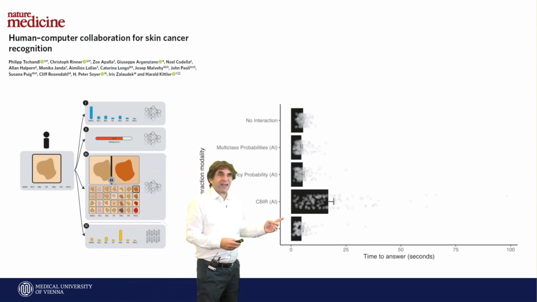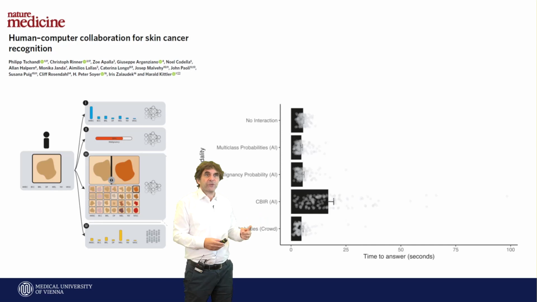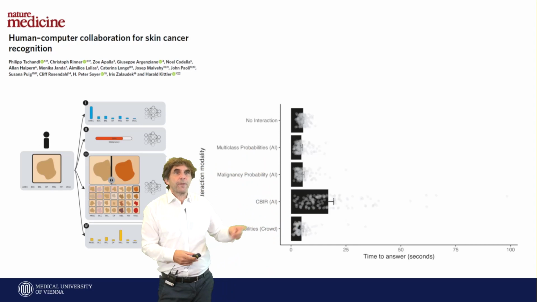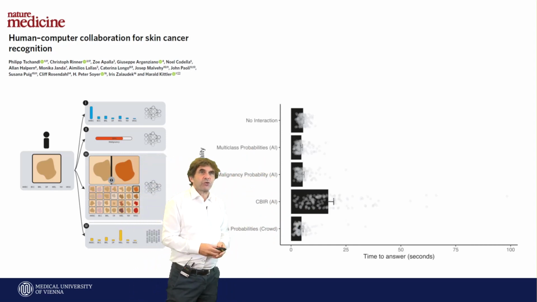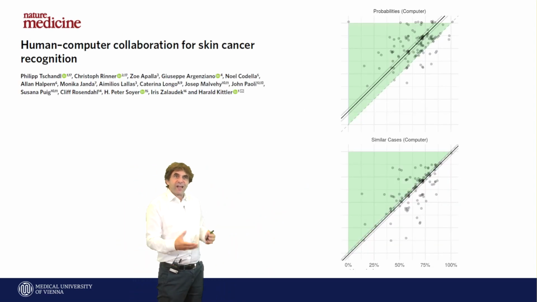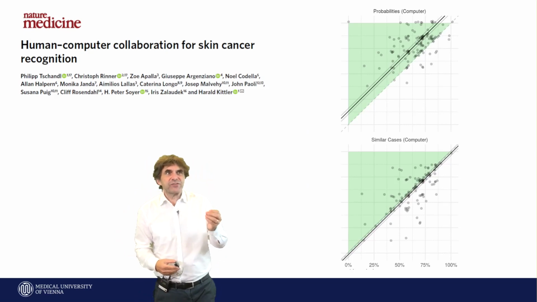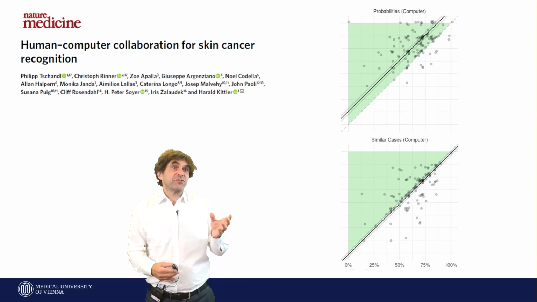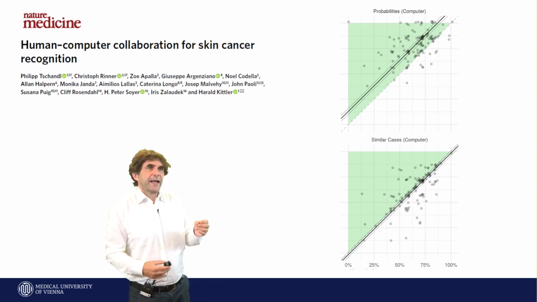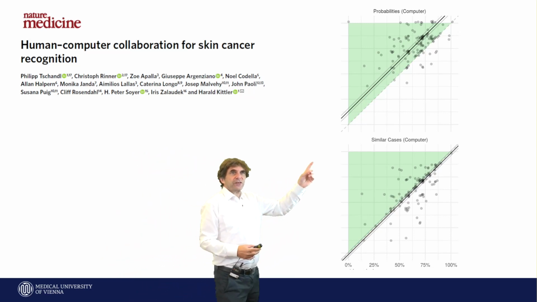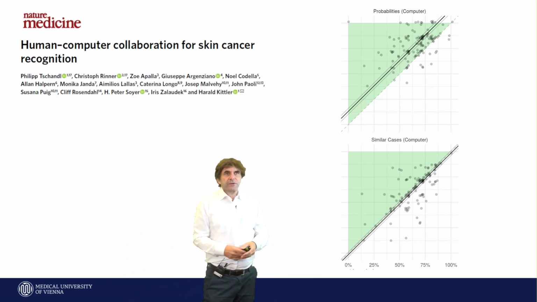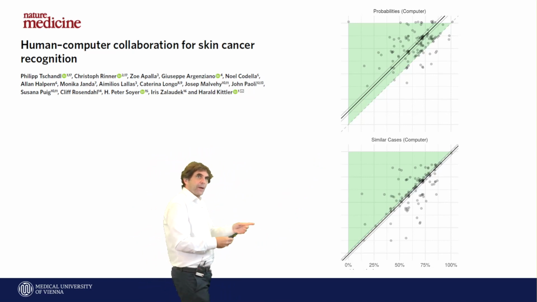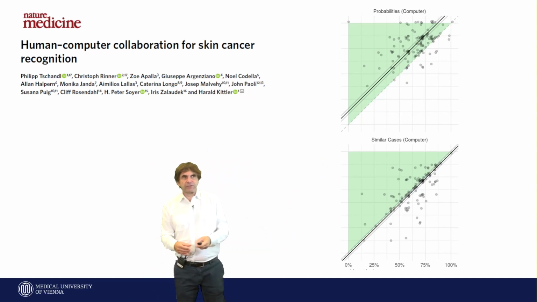Here you have the time to answer for content-based image retrieval, a very long time, and here for multi-class probability, a very short time. And because time is an issue, because physicians never have time, the physicians tended to ignore the content-based image retrieval solution for the output. And also, you can see here the improvement was only visible when you gave them multi-class probabilities, but not content-based image retrieval.